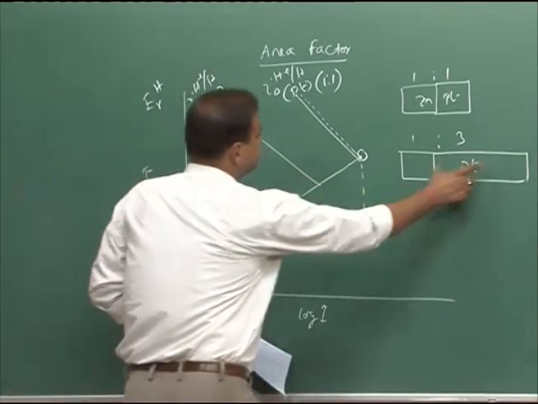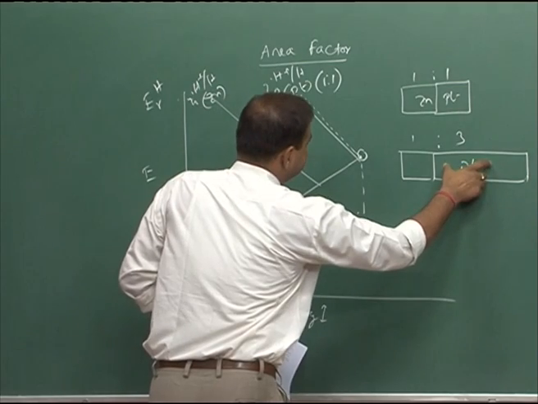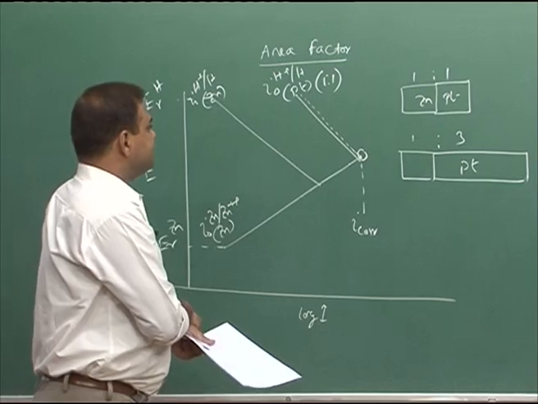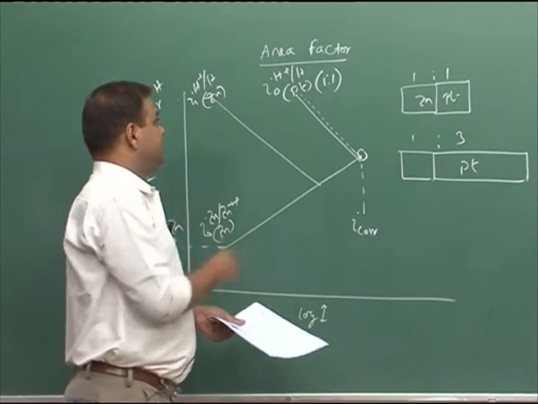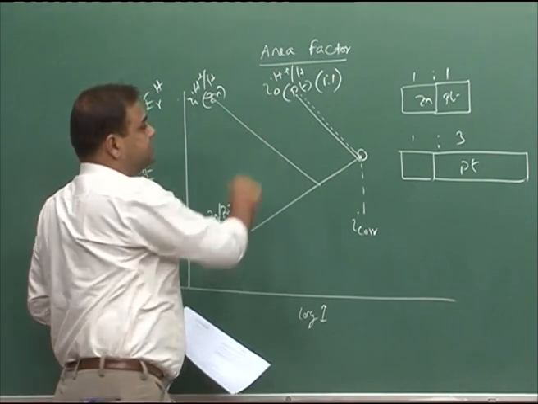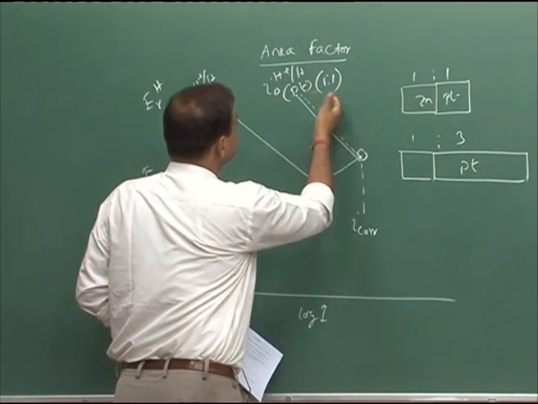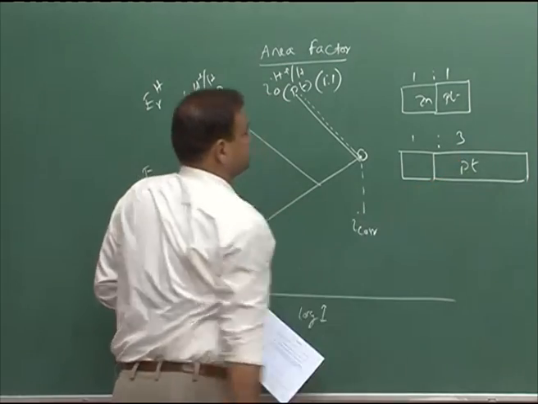Now, if the total number of hydrogen reactions on the platinum surface increases, then the total current would increase. Exchange current density would not change, but the total current would increase on the platinum surface.